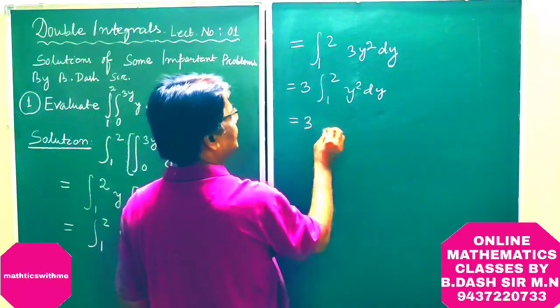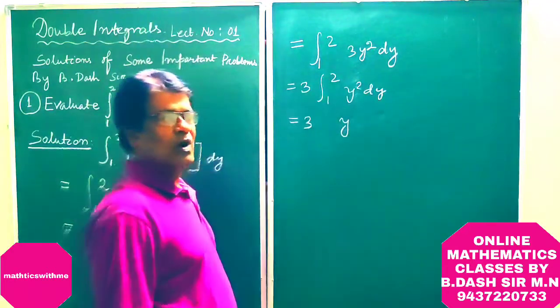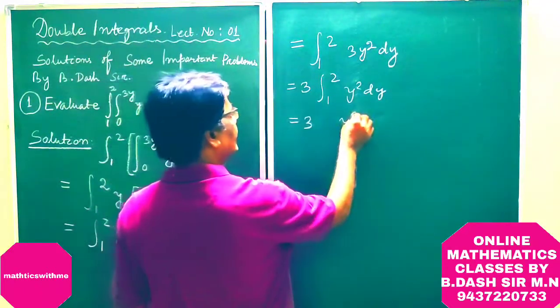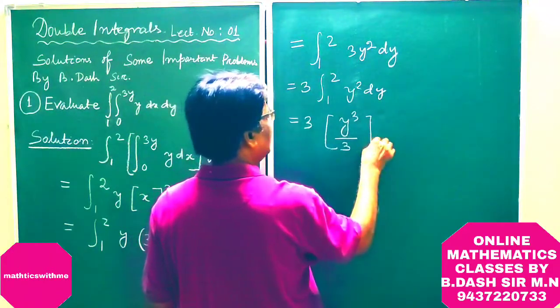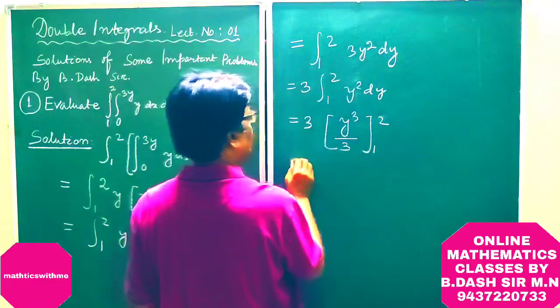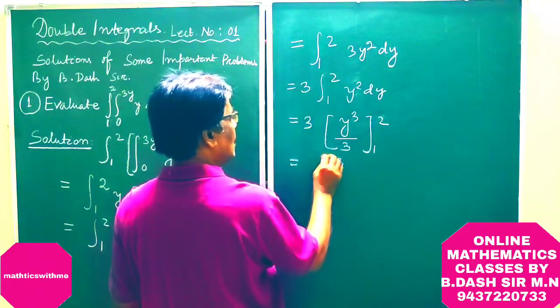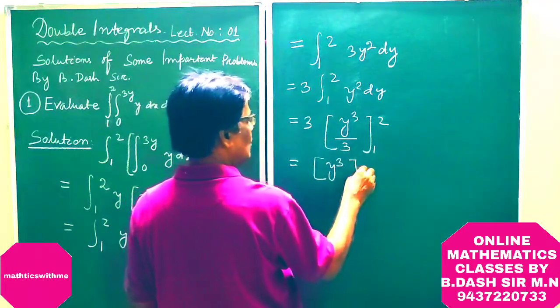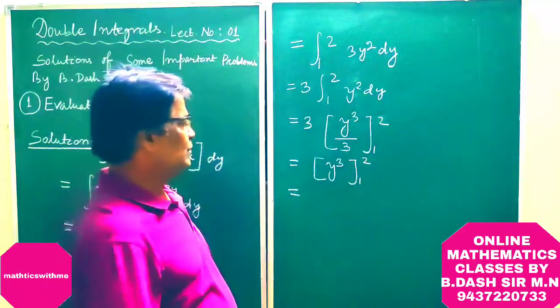This is 3. Integration of y square with respect to y is y cube by 3. The limiting value is 1 to 2. The 3 cancels, y cube from 1 to 2.